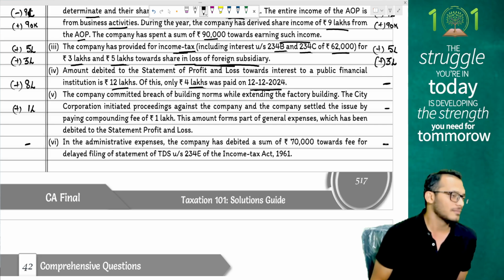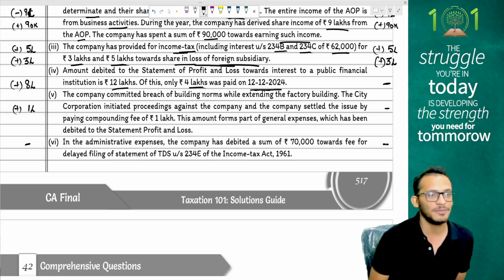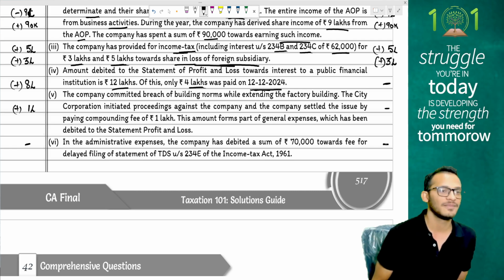Why? Don't know, but it is there. Interest on income tax is always disallowed. Interest on TDS is a disallowed expense under ICDS norms, but it is technically a compensatory payment, and can be allowed as deduction.